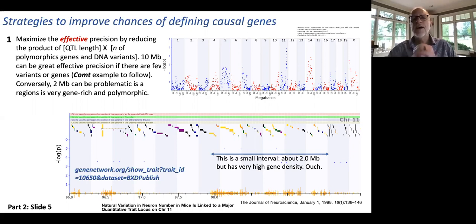I've studied knockouts in 2 of these genes. I have a candidate, but it's been 24 years now, and I'm really not very confident about that candidate. So effective precision has to take into account these not so secondary variables, gene density and SNP density.